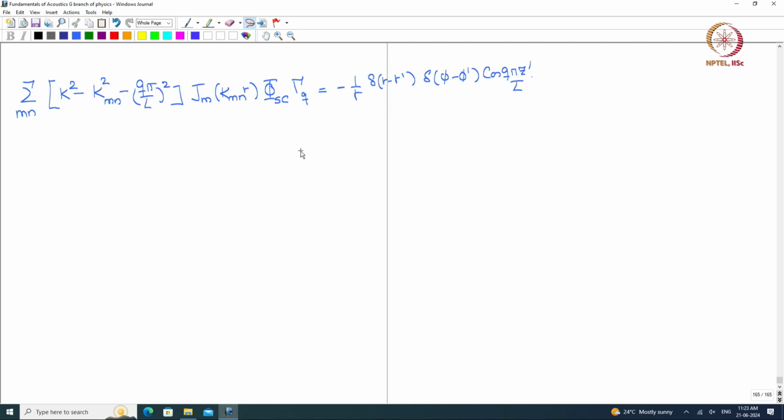Okay, so now what we will do is, if we open this out, this is a mnq s sin m phi plus b mnq c cos m phi. So we multiply the left side by a sine.